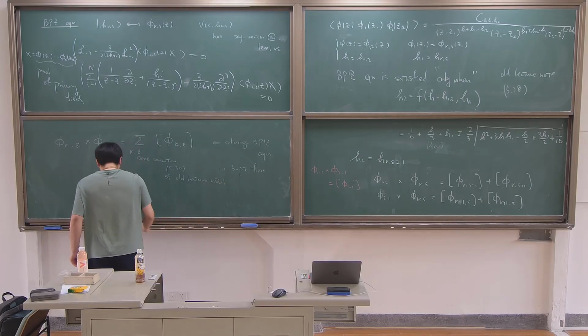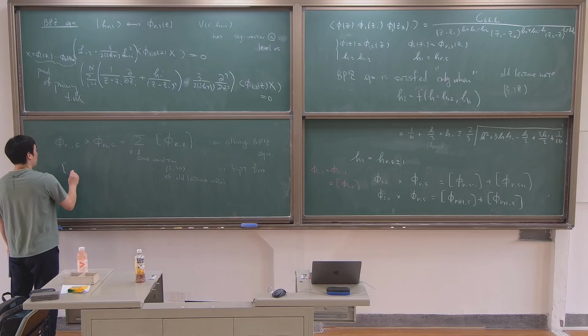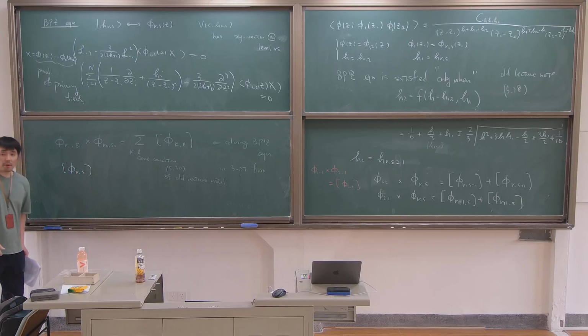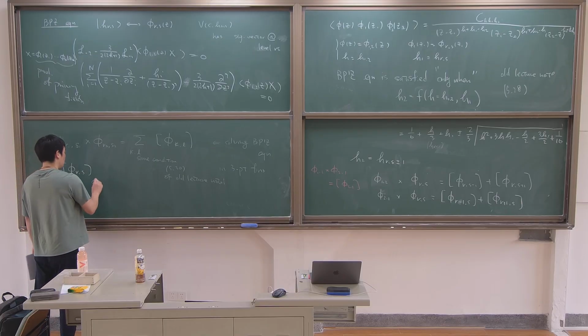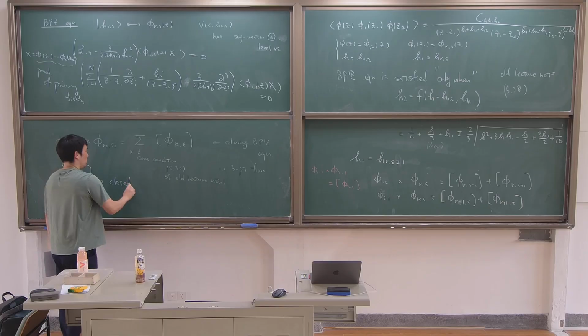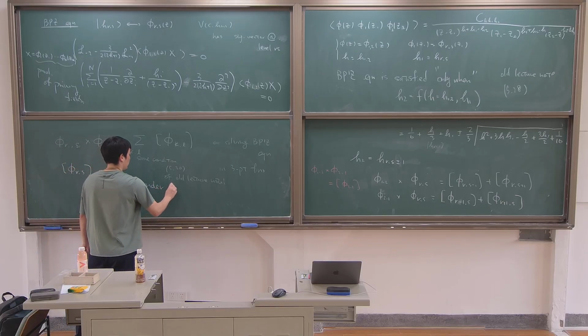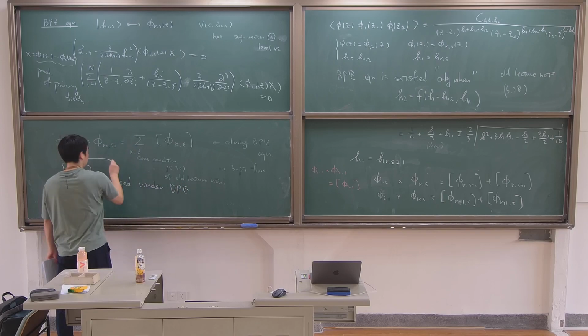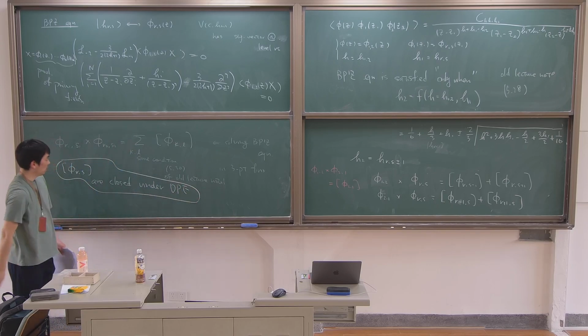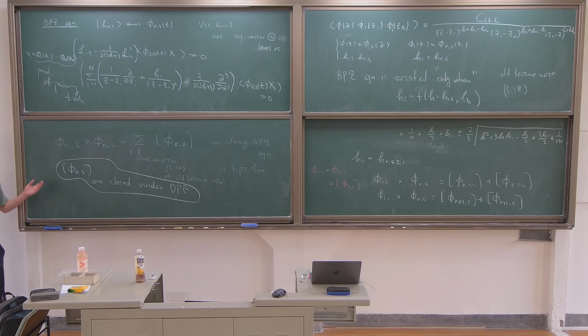Okay. So this means that there are infinitely many primary fields labeled by two positive integers R and S. These are closed under OPE. So far, we haven't said anything about the minimal model, but if you just do the analysis of this representation of the Virasoro algebra, one would reach this conclusion.